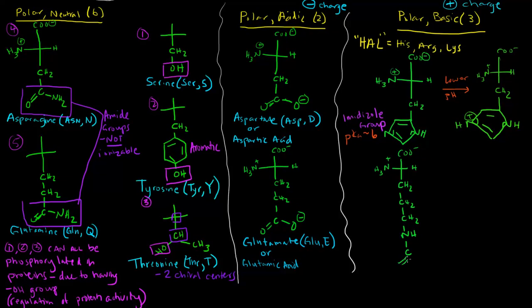This carbon has an NH2 and this carbon has an NH2 as well. But this N has 4 bonds to it, so it's going to be protonated. So this here is arginine.